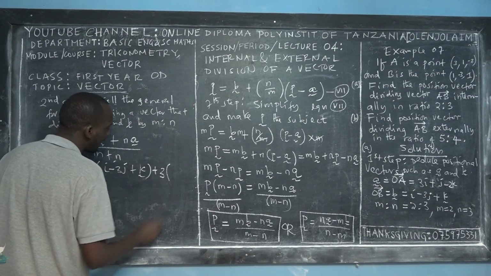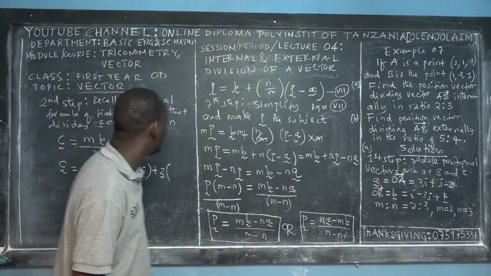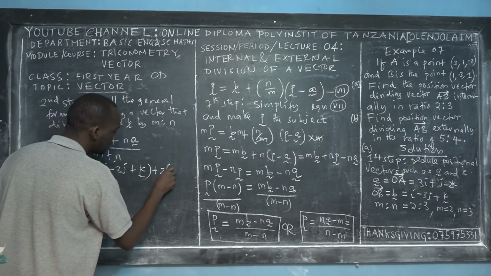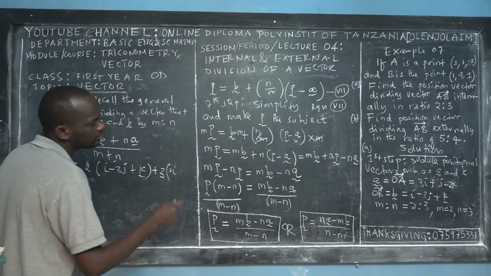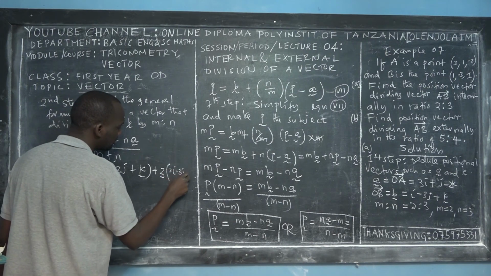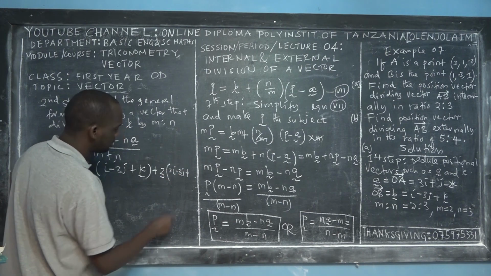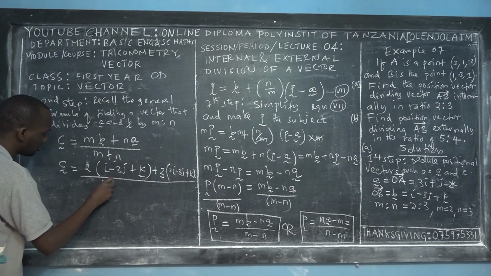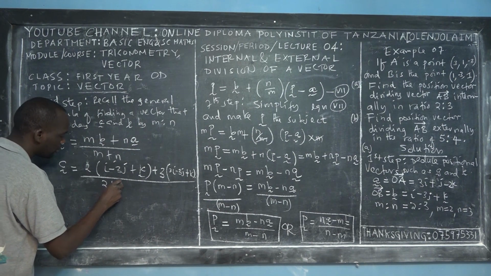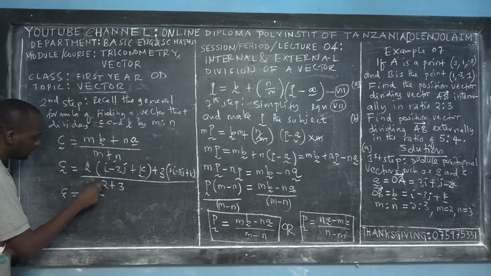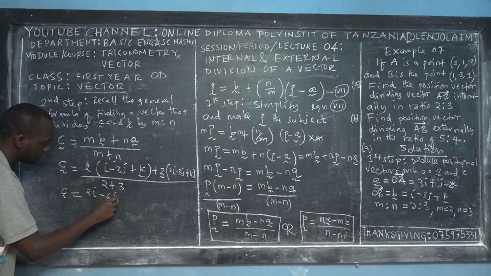Then we take n as a scalar quantity, n is 3. Vector A is 3i minus 3j plus k, divided by the sum of the ratios, which is 2 plus 3. The answer, vector C, is equal to 2 times i, it is twice i. 2 times negative 3j is negative 6j.